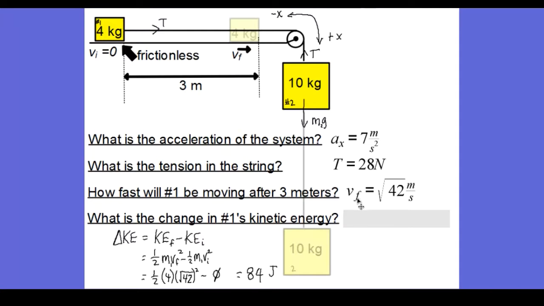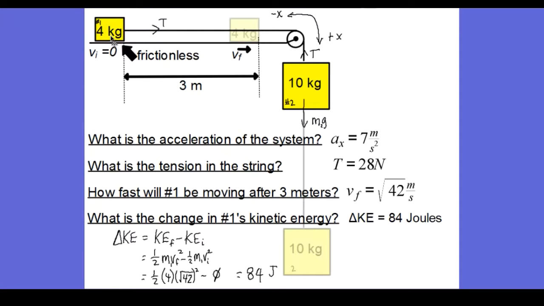And at this location, it is moving at the square root of 42 meters per second, so I plug that in for velocity. The mass is 4. I work out the math, and I see that it is 84 joules. The block has gained 84 joules of kinetic energy.